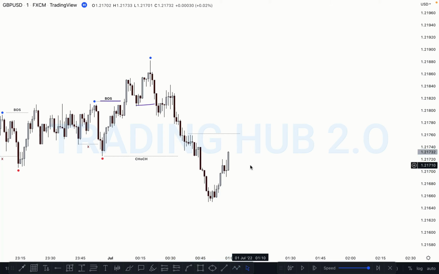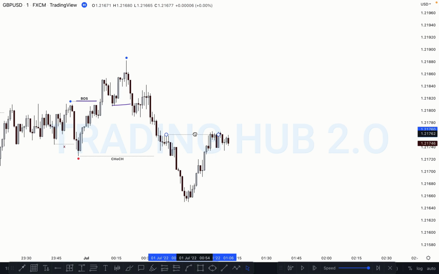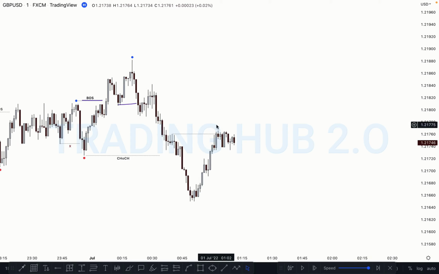Okay, so let's see. The market takes this high. Okay, one more thing I want to add here. In this case, price does not need to close; it can just sweep the high, and that is also valid.